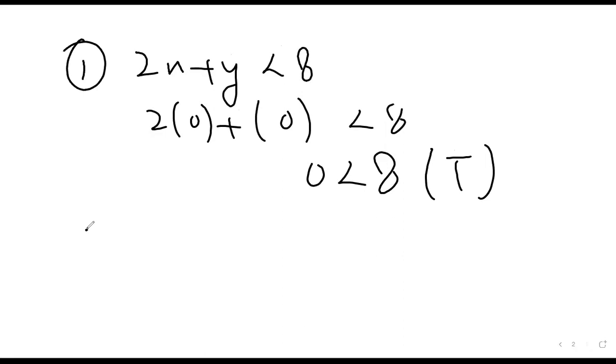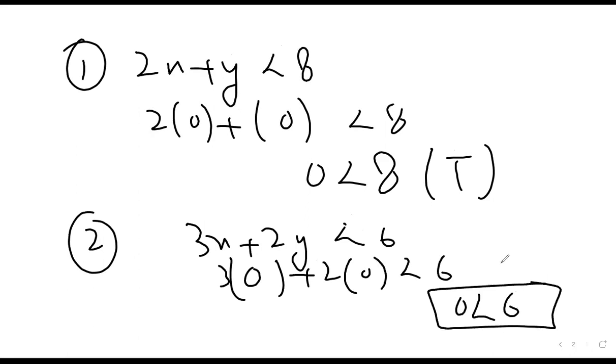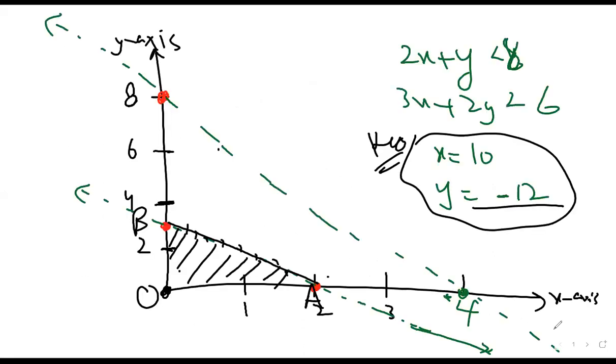The second constraint is 3x plus 2y less than 6. It's also a true situation: 3 into 0, 2 into 0, 0 less than 6. This is the reason I have shaded only this part of the region.